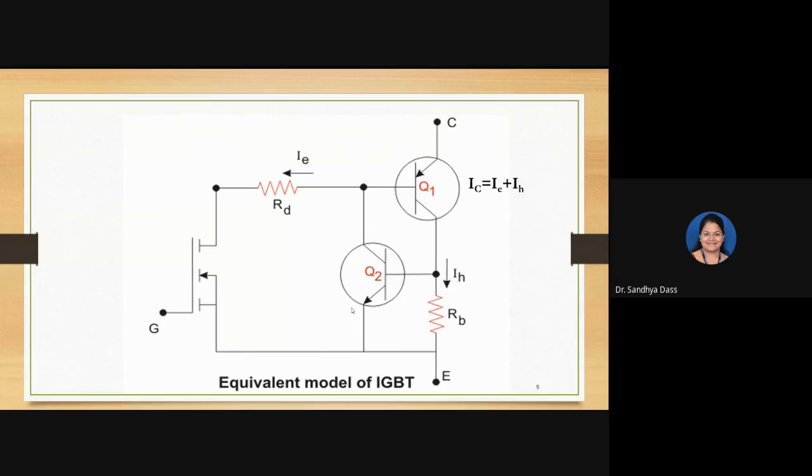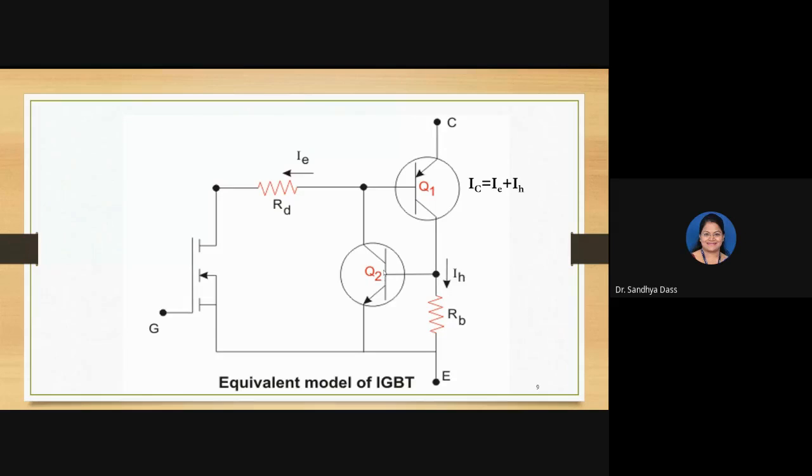Latched up meaning the gate terminal loses control over the collector current, and you will not be able to turn the IGBT off. To turn off, you then need some extra commutation circuitry, like forced commutation circuitry, which we actually discussed with thyristors and which we will be discussing in module 2.